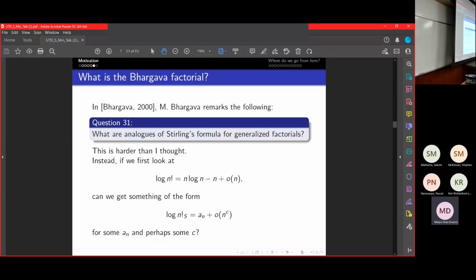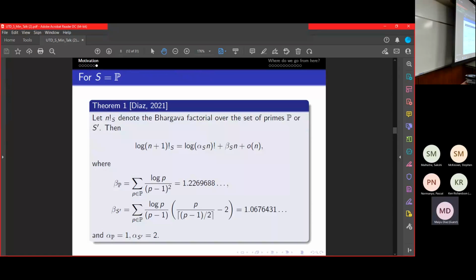So instead, let's look at a weaker form. If we have a representation of log of n factorial given by this, up to o(n), can I get something of the form: log of the Bhargava factorial over some arbitrary set S looks like this, an plus o of n to some power c? Earlier, when I was talking about some sets, they all either depended on the factorial, for which we can get Stirling's formula, or the q-gamma function, which is known to have a Stirling's formula discovered in the early to mid 20th century.